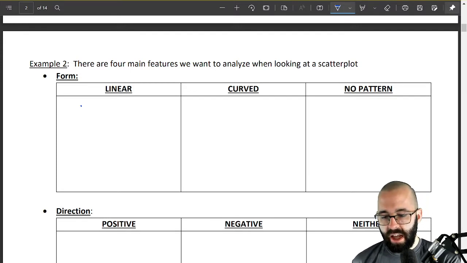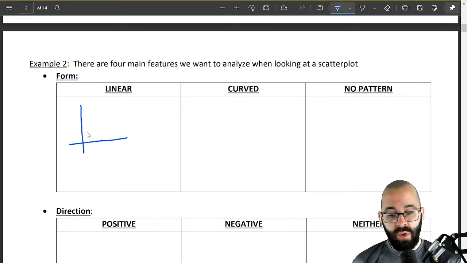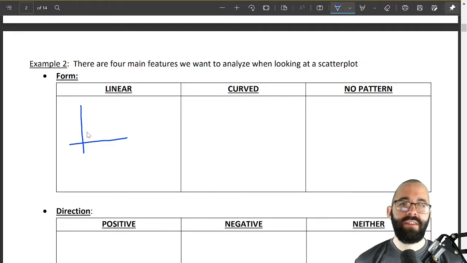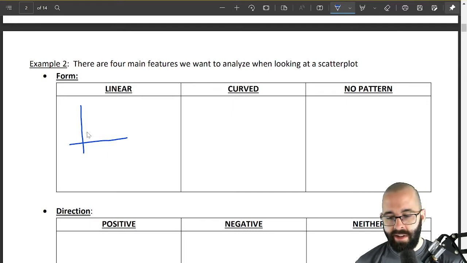So you might have a scatter plot that has linear form. The form can be linear, the form can be curved. Maybe there's no pattern. On GeoGebra, which we'll look at later, you can get all sorts of different patterns: logarithmic, exponential, quadratic, polynomial, sinusoidal, all these different ones.